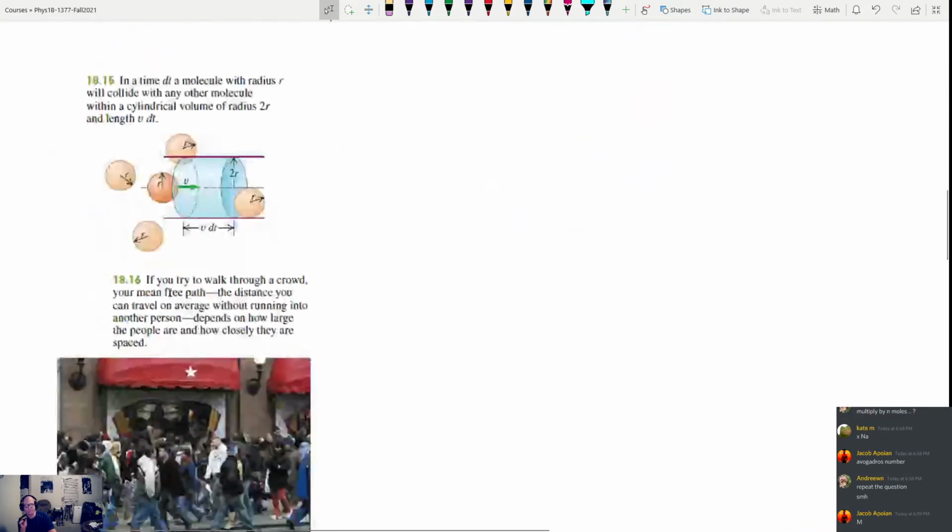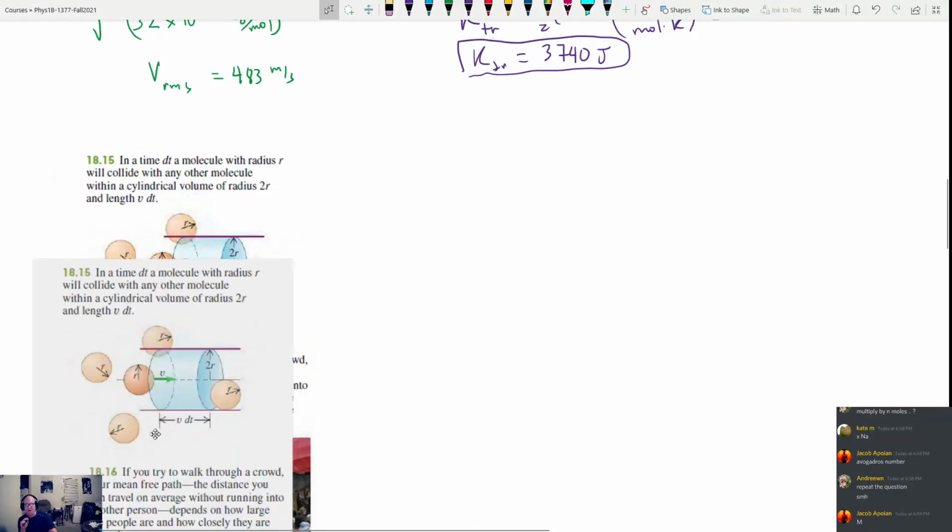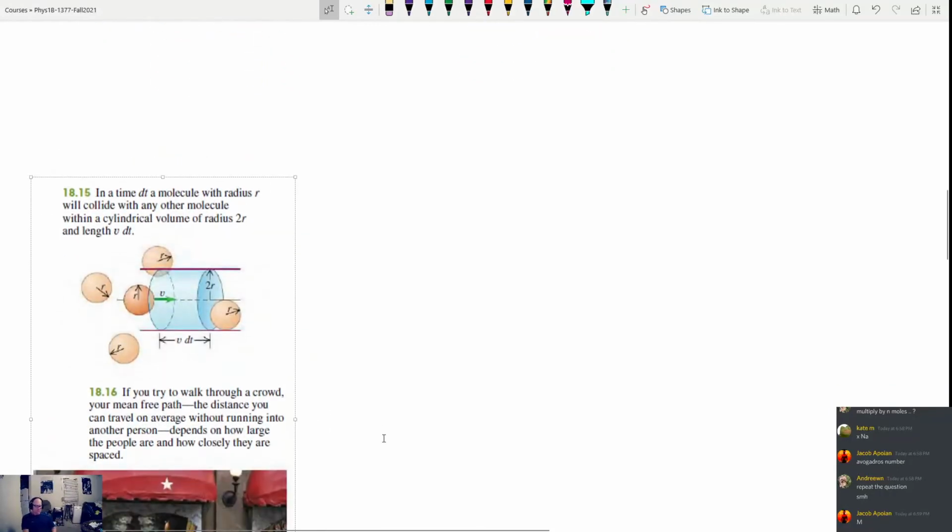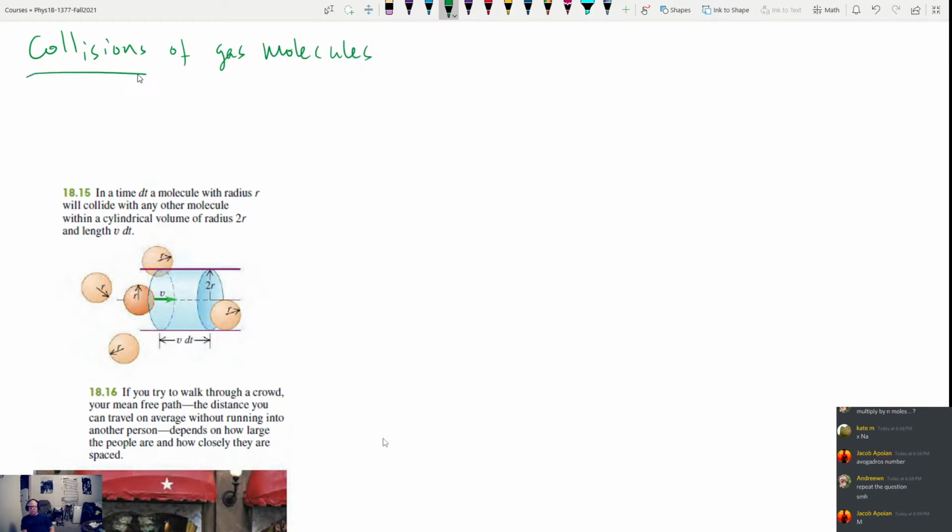Alrighty. So the next thing we're going to talk about is gas molecule collisions. Up till now, we kind of assumed that the gas molecules don't really collide, but it's a somewhat silly assumption.